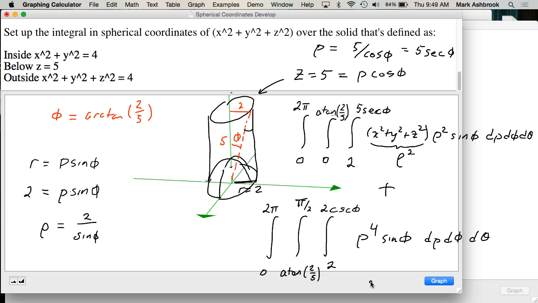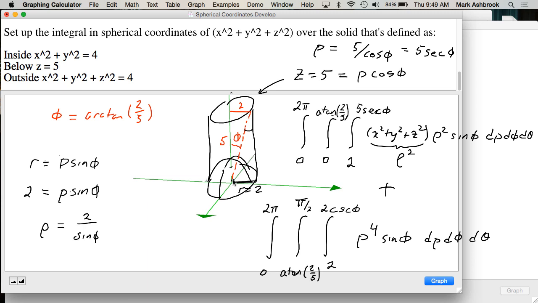When the angle phi is from 0 to arctan 2/5, the rho leaving the solid is at z equals 5, the same as rho equals 5 secant phi. So when that angle phi is between 0 and this red line right here, that distance rho up to here is 5 secant phi. So we go from 2 to 5 secant phi.